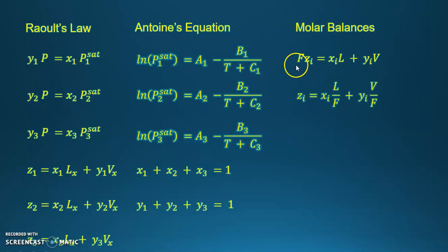F is the feed of the flash vessel, L is the total liquid flow, and V is the total vapor flow.